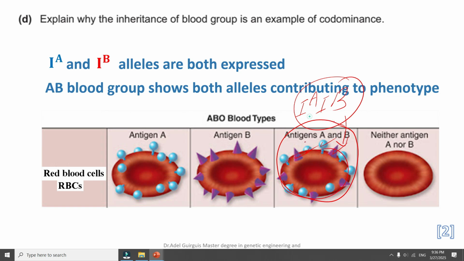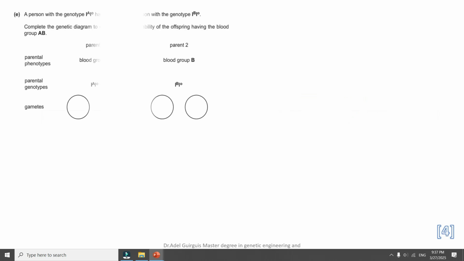Both are expressed to produce certain proteins found on the cell membrane. So that's a good example of codominance in humans. Blood group AB: both alleles in the heterozygous individual are responsible for the appearance of a certain trait. Okay?